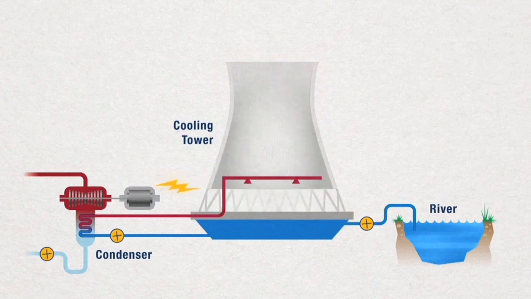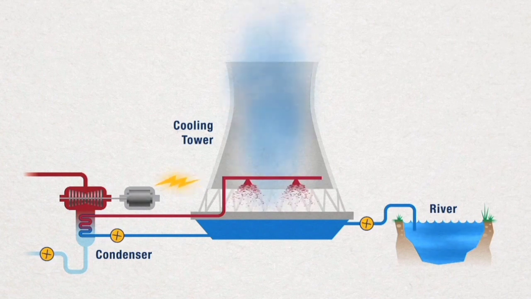A thermoelectric plant works by heating water in a boiler until it turns into steam. The steam is then used to spin a turbine, which drives an attached generator producing electricity. After the steam passes through the turbine generator, it is sent to a condenser to be condensed back into water.